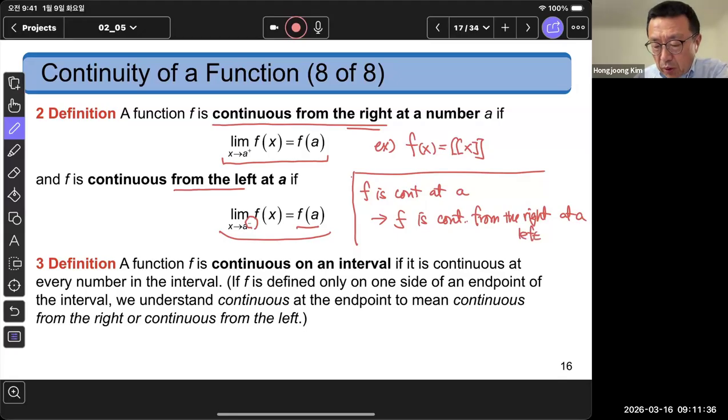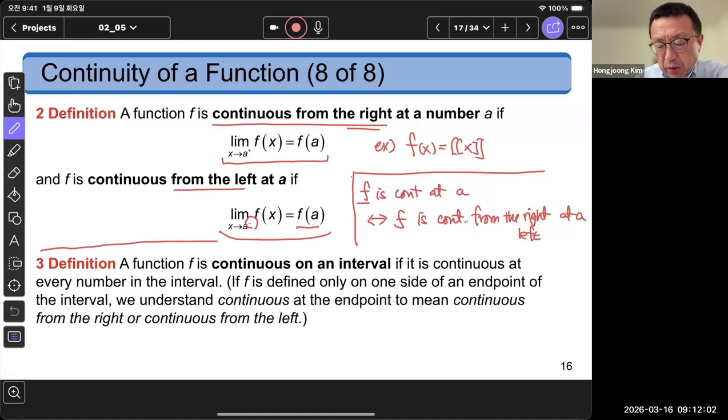So if your function is continuous at a certain point, that implies continuity from the right as well as from the left. If your function is continuous from the right as well as from the left at one point, then that will imply that your function is continuous at a.